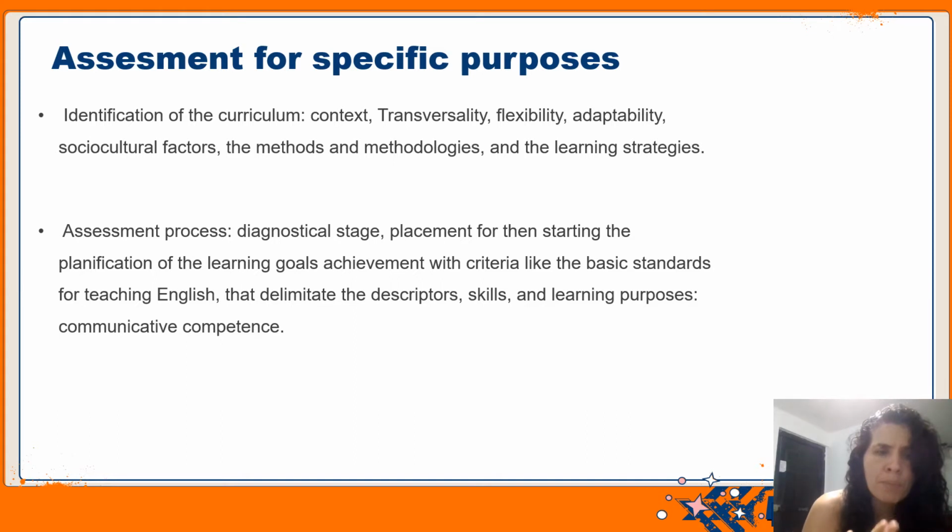The assessment process starts with a diagnostic stage with a placement test for then starting the planning of the learning goals achievement with criteria like the basic standards for teaching English in Colombia that delimit the descriptor, the skills, and the learning purposes under the understanding for developing communicative competences.